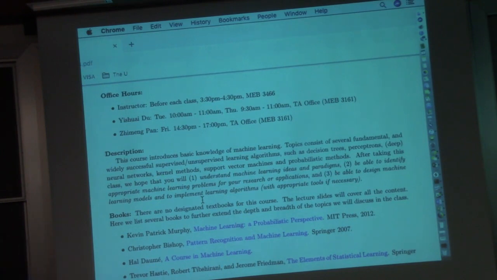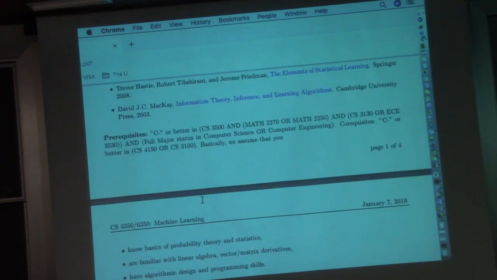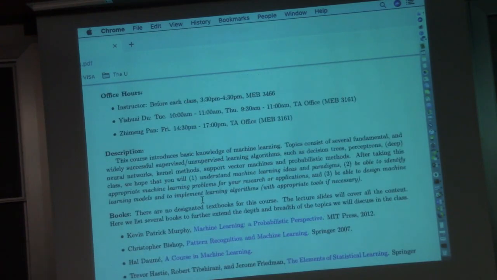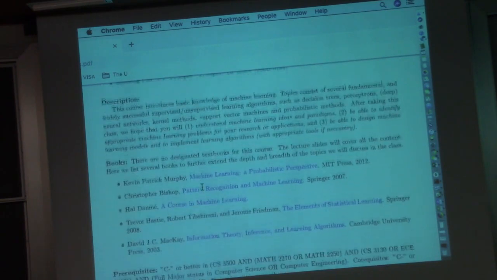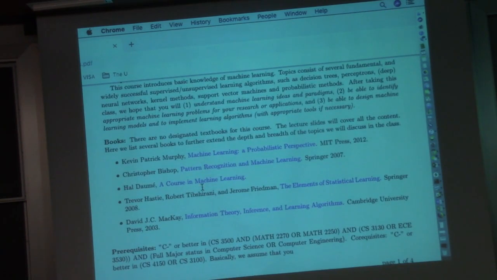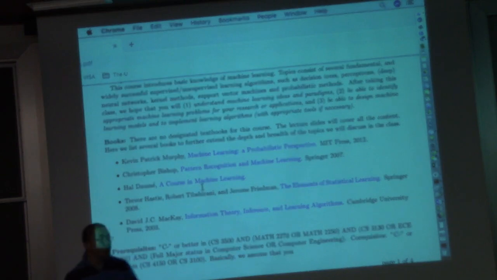And what is the goal of this course? After taking this course, we expect that, first, you can understand machine learning ideas and paradigms in general. You have a feel for what machine learning is.